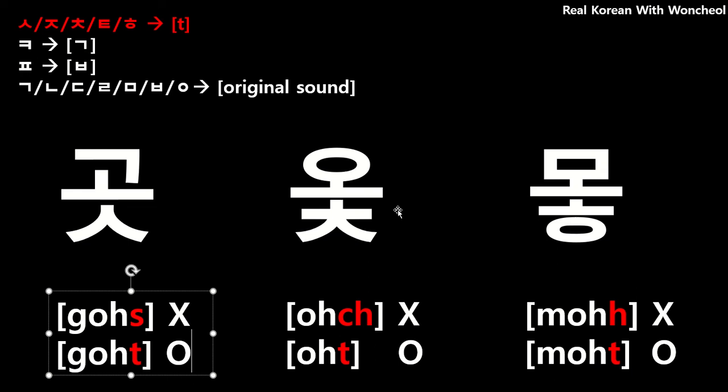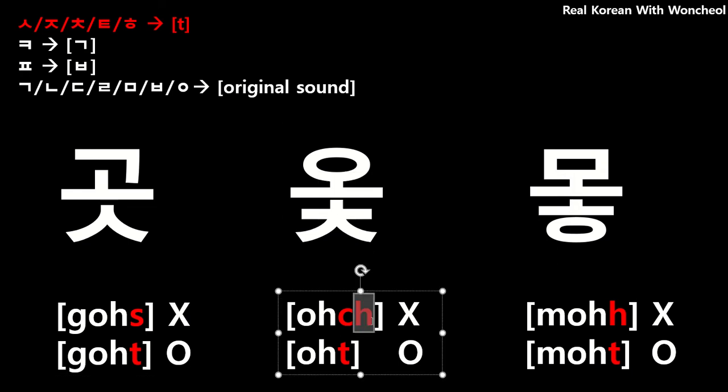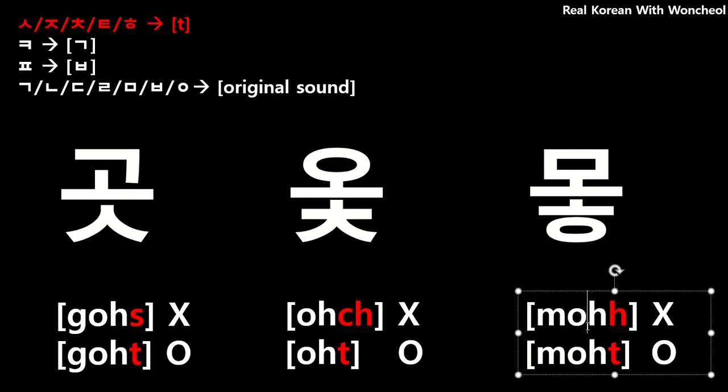And this one, the final consonant, originally is CH sound, but it still has T sound, like this one. So 옷. And this one, originally H sound, right? So it should be more, but it's not. It's T sound, 못, okay? Once again, 곧, 옷, 못.